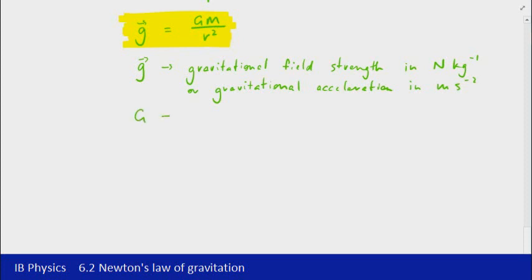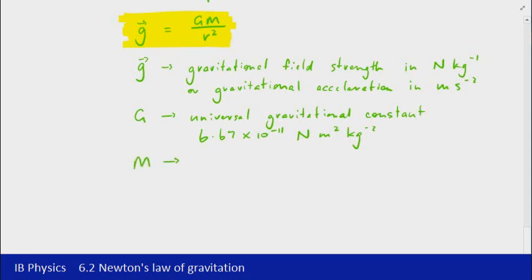Capital G, as we've already seen, is the universal gravitational constant, and that has a particular value, given that it is a constant, and it has the value of 6.67 times 10 to the negative 11 newton meters squared per kilogram squared. Now that's a constant value that will be given to you in the data booklet, so it's not one that you have to memorize.